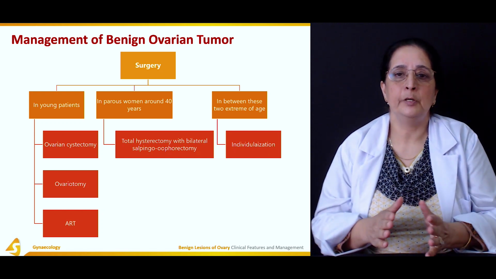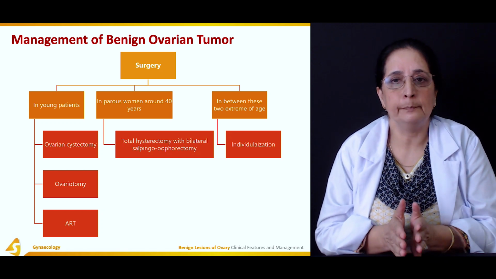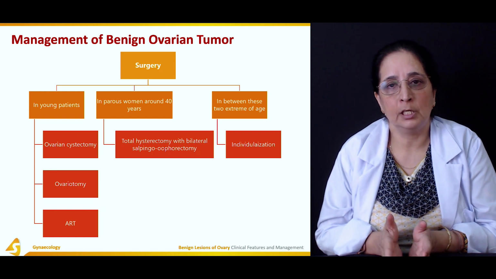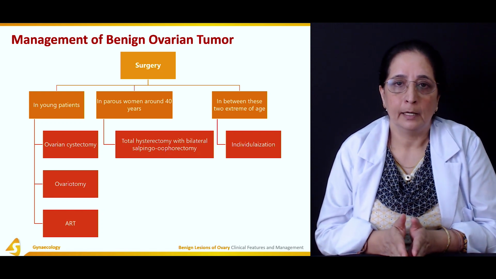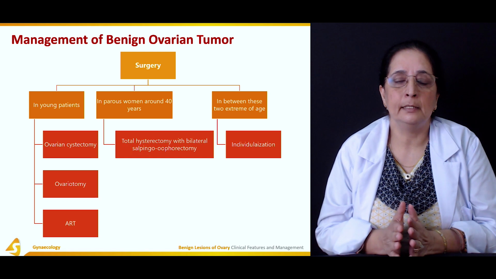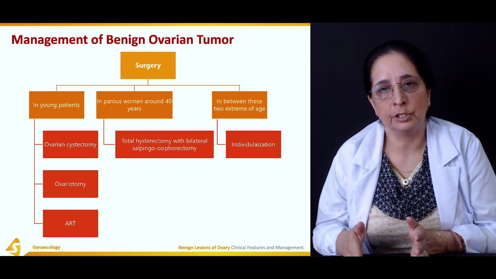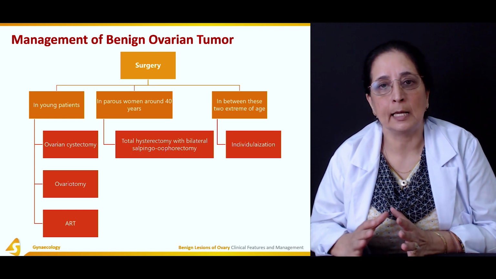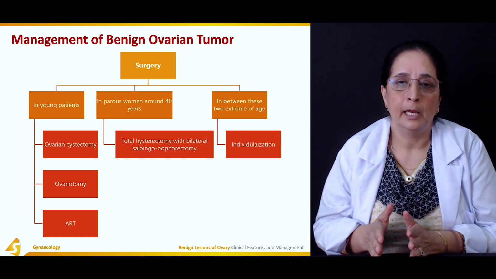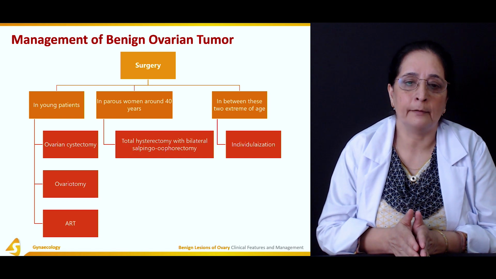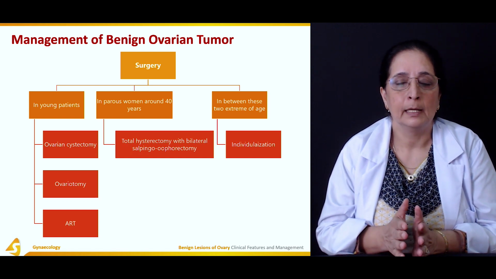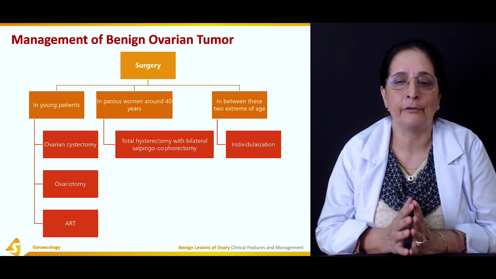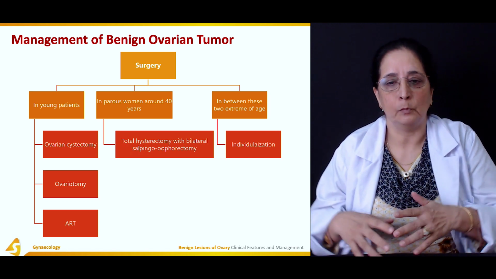If the patient is between the two extremes, it depends on the individual patient. If the patient has completed the family, then depending on the patient's choice, hysterectomy or bilateral salpingo-oophorectomy is done. If the patient needs to have children, then cystectomy is preferred. It saves the ovary and the cyst is removed.